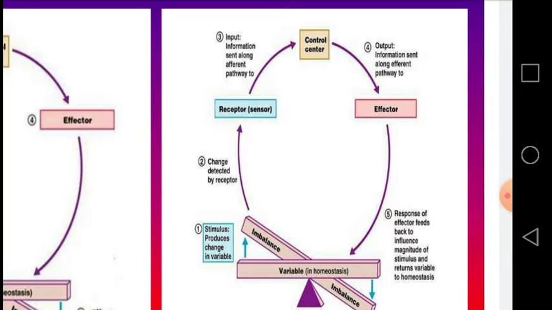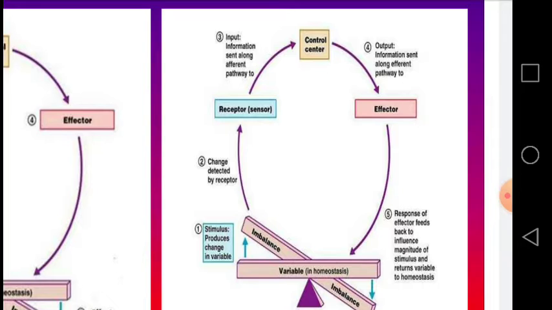For this purpose, we can take the example of body temperature. The control of body temperature can be taken as an example of negative feedback. For example, the optimum value of the temperature for our body is 37 degrees centigrade. If the body core temperature rises or falls by a few tenths of a degree, the thermoregulatory centers detect these changes with the help of the receptors, and then a mechanism in the skin is activated under the instruction of the central nervous system, the thermoregulatory center.